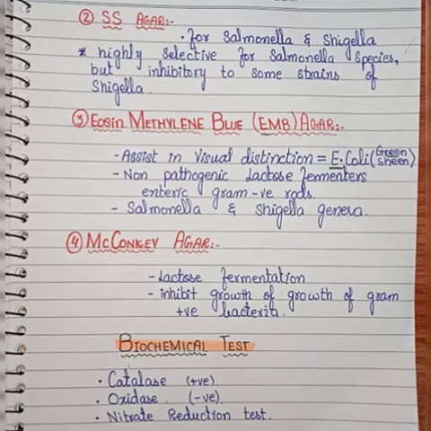And on the basis of the MacConkey agar colonies, we will classify the Enterobacteriaceae family, lactose fermenters and non-lactose fermenters. If it ferments the lactose, it will form the pink colonies. If it does not ferment the lactose, it will form the colorless colonies. So, because of these reasons, we will use the selective and the differential media for the Enterobacteriaceae family.